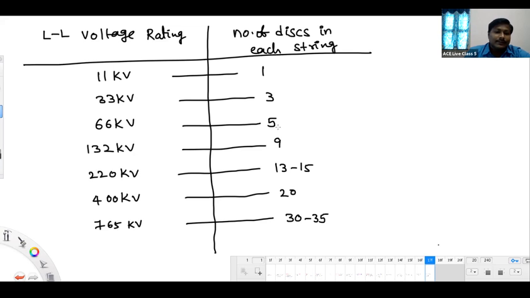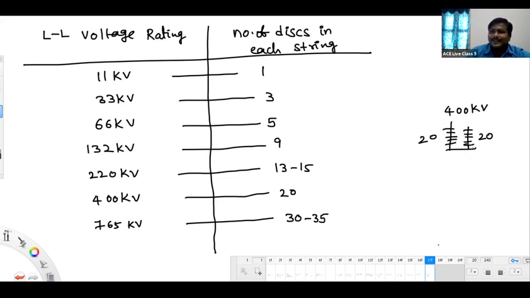The next topic we are going to discuss: line to line voltage is a general voltage rating, that's why I've given it here. But strictly speaking, the number of discs will be decided by the strings, which in some places are connected in parallel. For example, for a 400 kV string, maybe 20 discs on one string and 20 discs on the other string also.